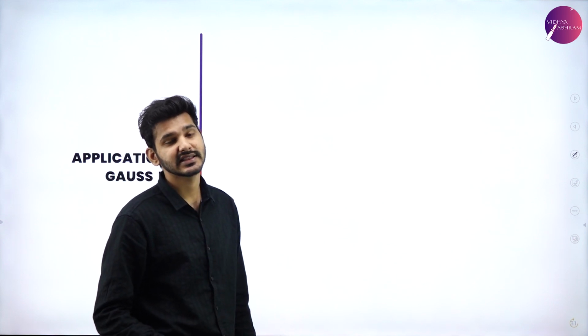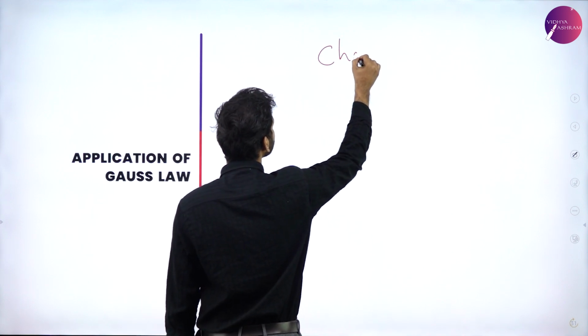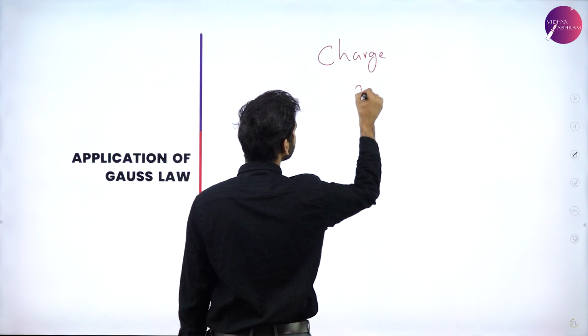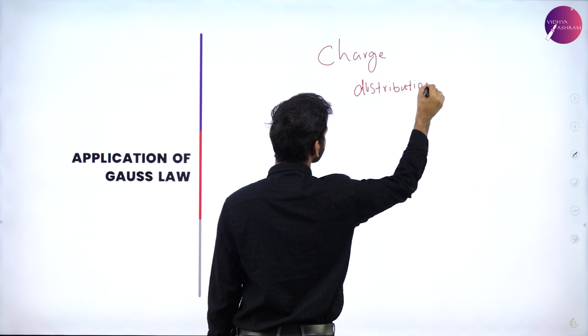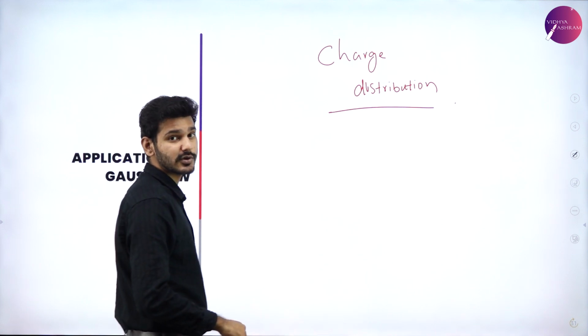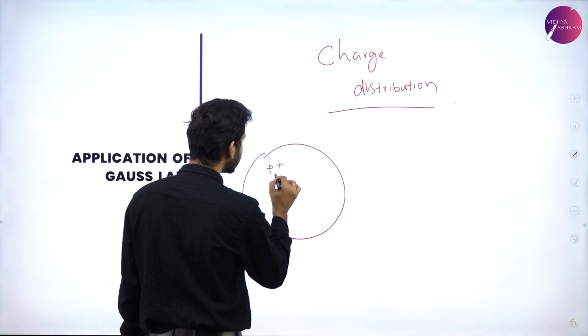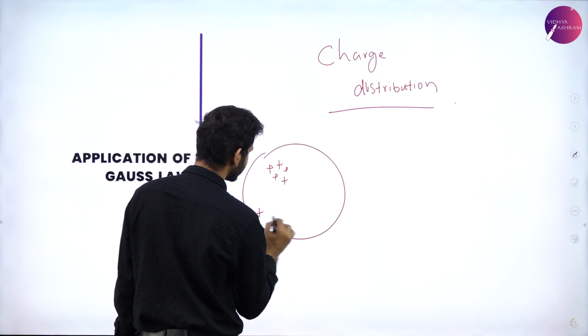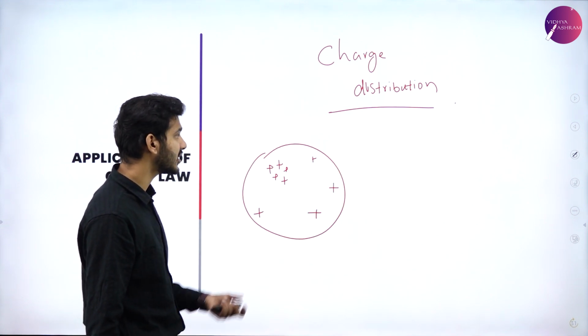Before moving on to the applications of the Gauss theorem, we must discuss one important thing, that is charge distribution. So what exactly is charge distribution? Charge distribution can be of two types. It can be distributed unevenly, that is, some charges will be randomly spread and some will be concentrated on particular regions.